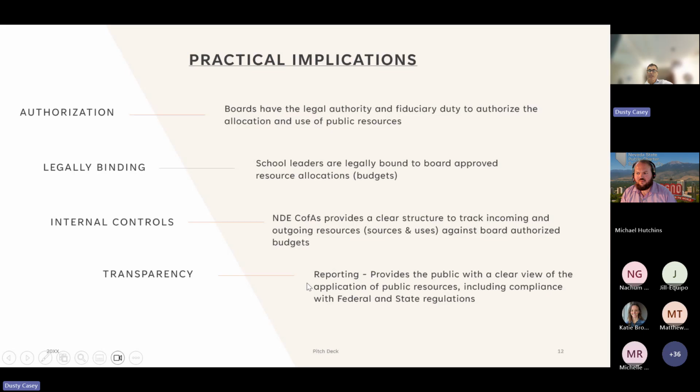What resources came in? How are they restricted? What are their purpose? And how did we ultimately use them? And that goes whether they're local, state, federal dollars, private dollars, et cetera. All of that is to have complete transparency as required by state law, state and federal law, really.